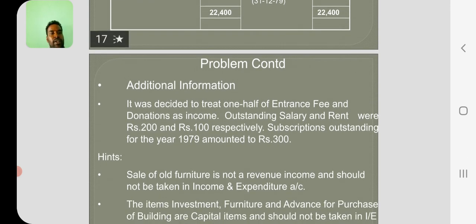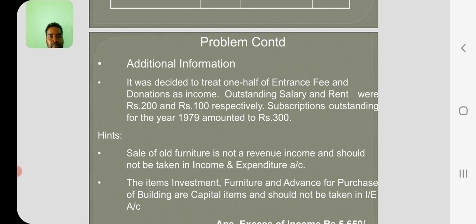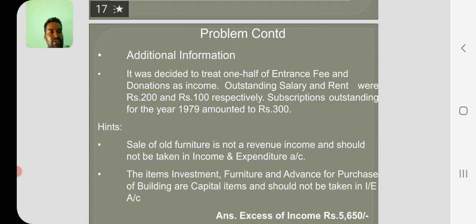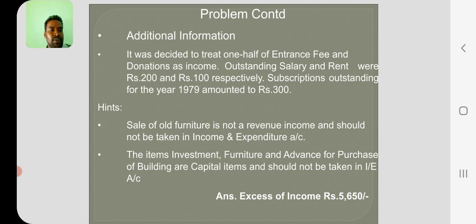Half of the entrance fee and donations to be capitalized means half of the portions of entrance fee and donations are to be transferred to the income and expenditure account, that is revenue. The remaining to be capitalized is posted in the balance sheet. Subscriptions outstanding for 1979 to be adjusted.